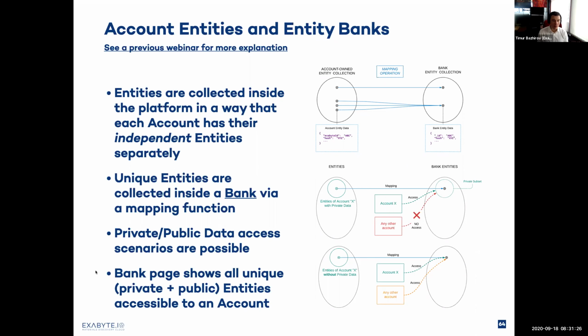And alternatively, when the private data option is not enabled, all other accounts will be able to access the entries in the materials bank and the workflows bank. So this could be a convenient option for sharing the data between multiple accounts within the platform and publishing, giving high quality information to other users to disseminate the knowledge.